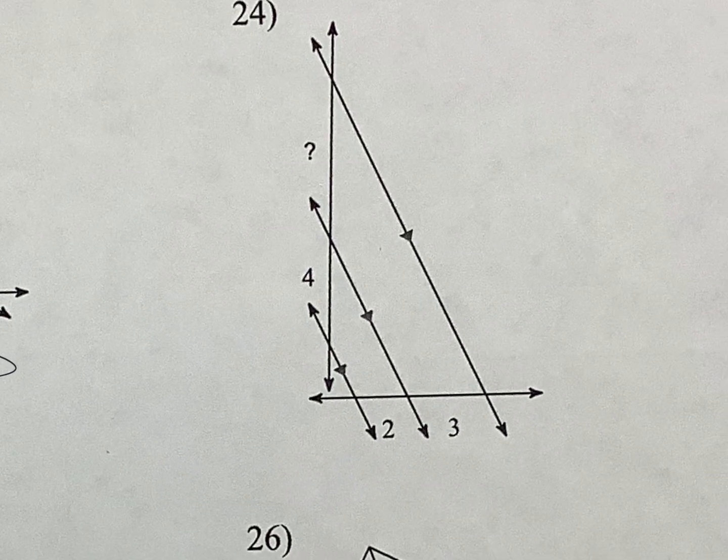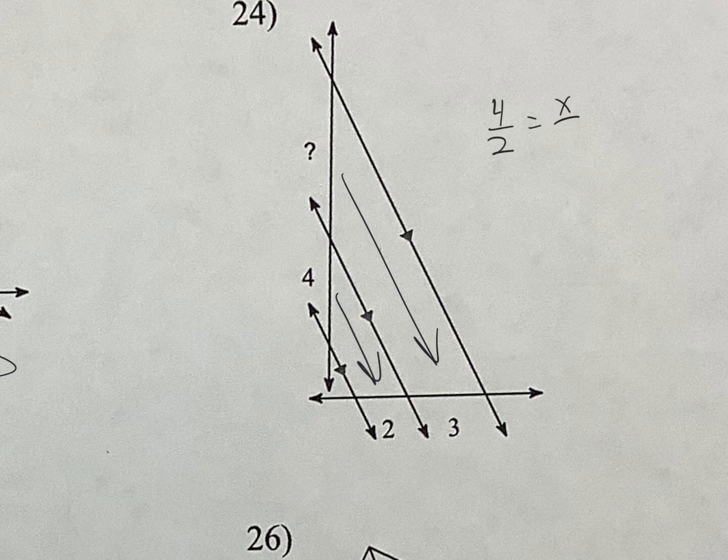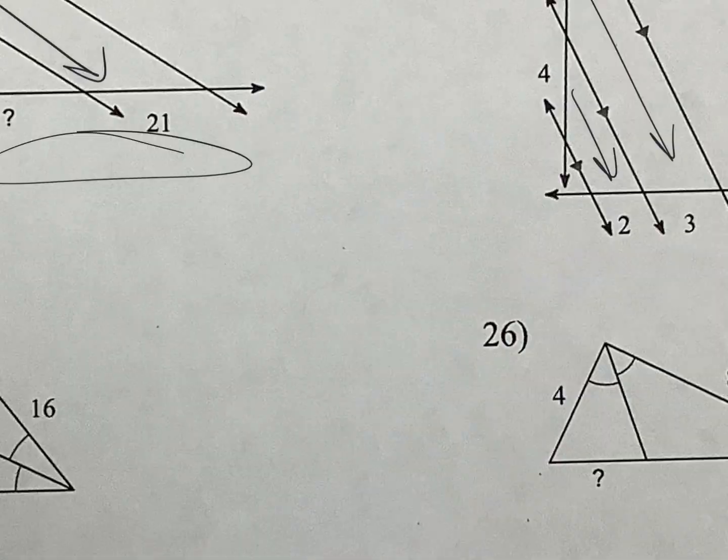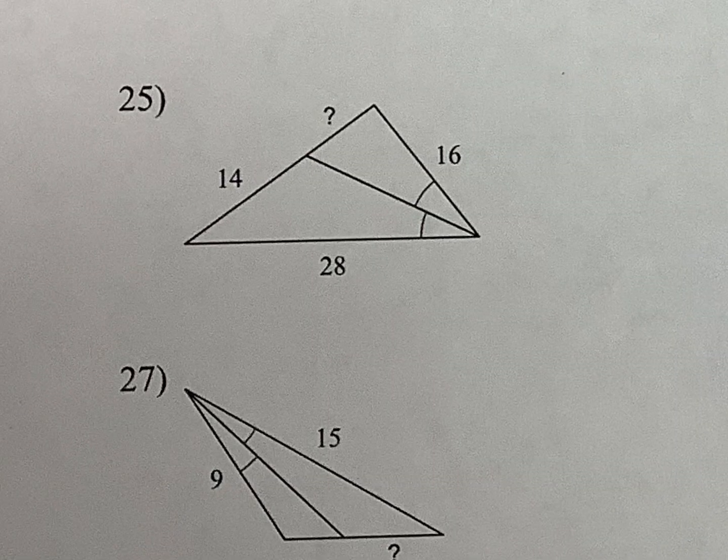24, so we have parallel lines proportionality theorem. That just means 4 is to 2 as x is to 3. And cross multiply again. So x must be 6. Okay. 25. Same thing. Triangle angle bisector theorem.